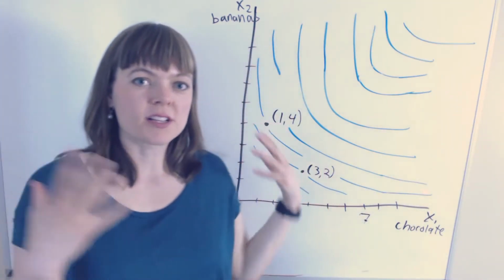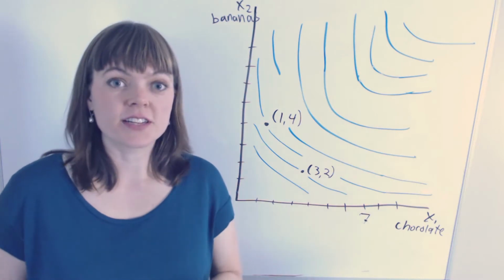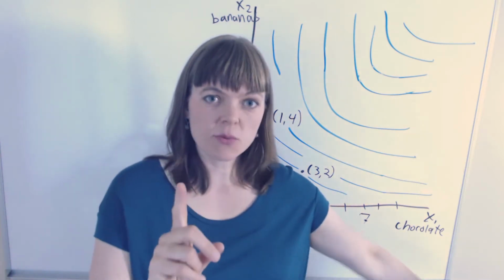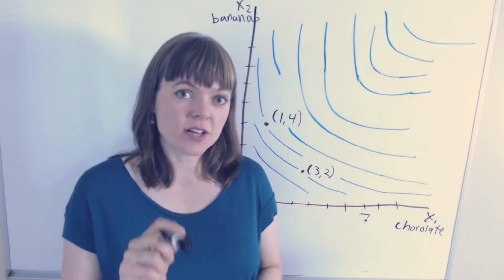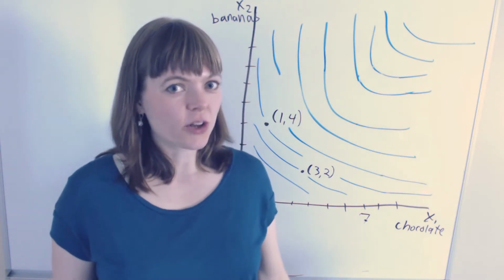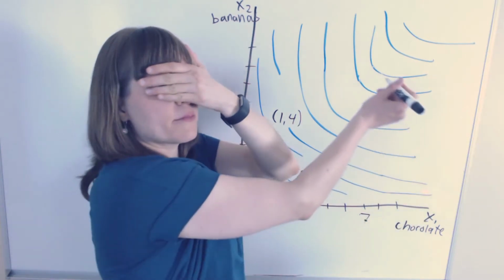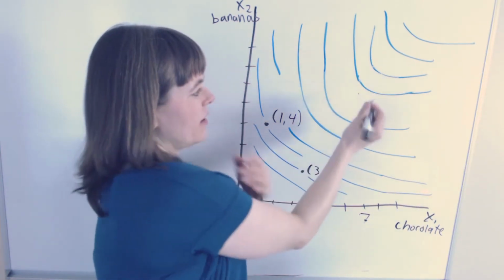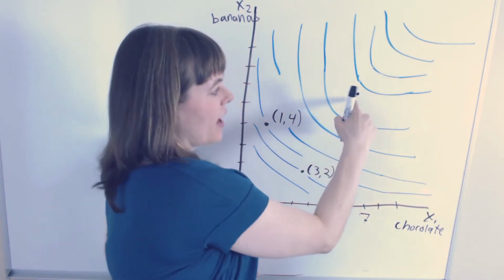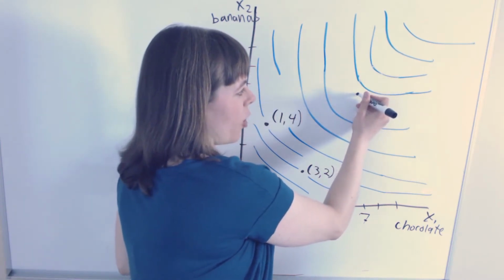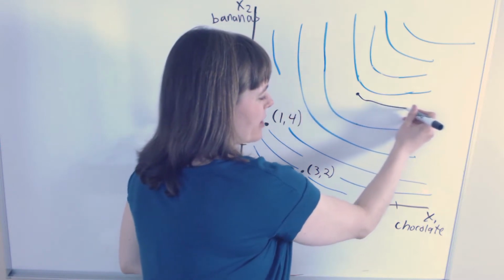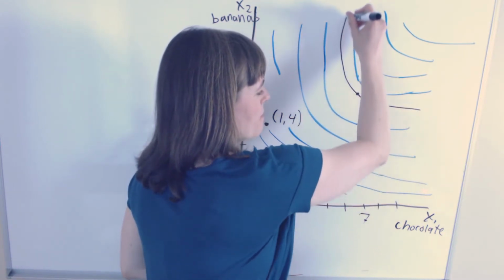So this would be a more classic version of utility mountain, and just like we had before, any particular point on this map has a utility level. So I could close my eyes and pick a random point on the map. I picked this random point, and I know there's some amount of utility associated with this point, so I could always pick the elevation level around utility mountain that matched that point.